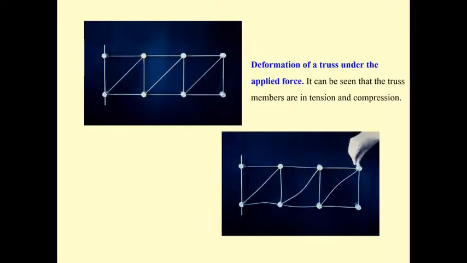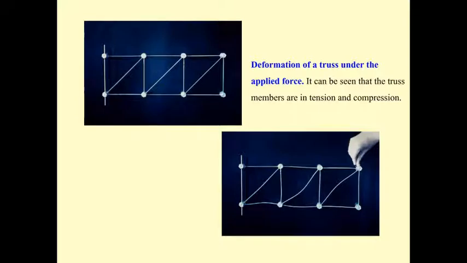Okay, and this slide shows you how the truss deforms under the applied force. The truss here is the cantilever truss. Okay, it has the support on the left-hand side. When you put the force to the joints, by being the cantilever, it's going to be different from the previous truss that I mentioned.